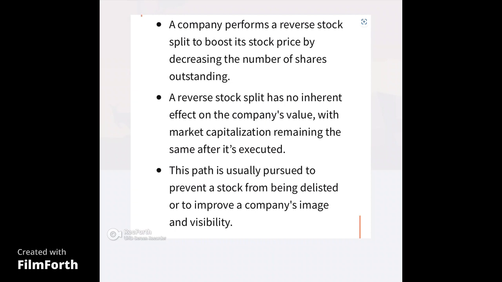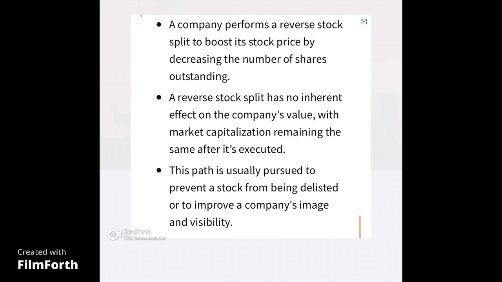But again, this is usually done to prevent a stock from being delisted or to improve the company's image and visibility. Now, guys, that's a benefit of it. If they do the latter that I just talked about, and let's use BBIG for the example again. Let's say they did a 10-for-1, or let's say they did a 20-for-1, and the stock now is trading at $18.